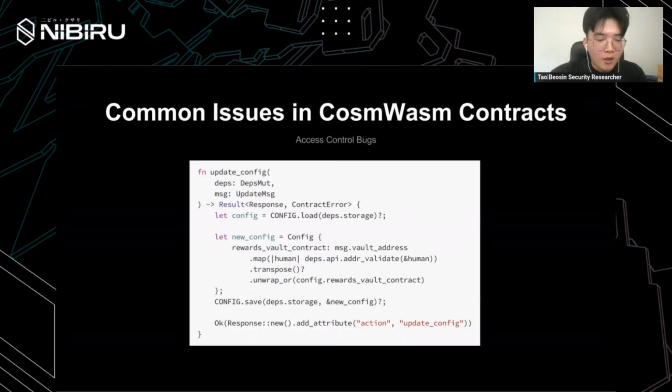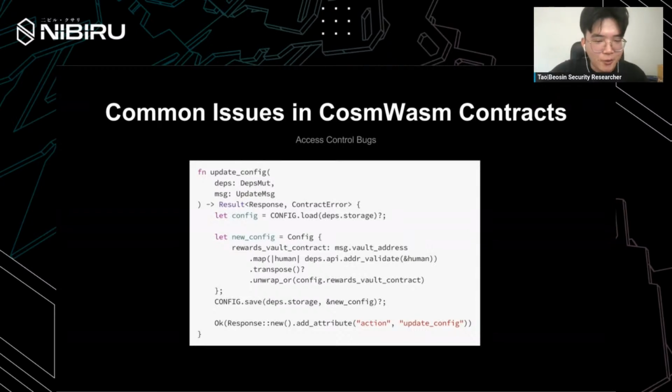Okay, so it's a function in a Solidity smart contract, and we can see from its function name that it's an update configure function, which updates the configuration of a smart contract.